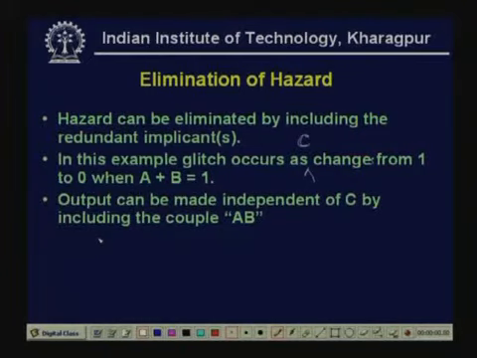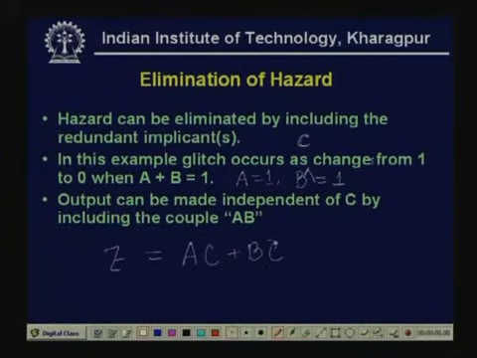So, instead we can tell that A equal to 1, B equal to 1, and then if C changes, there will be a glitch or the hazard comes. Now, see that our example is that Z equal to AC plus BC bar.